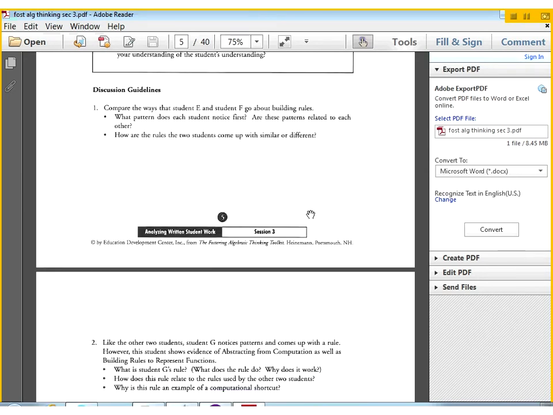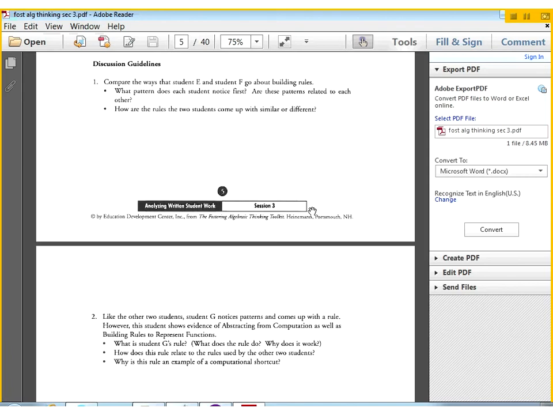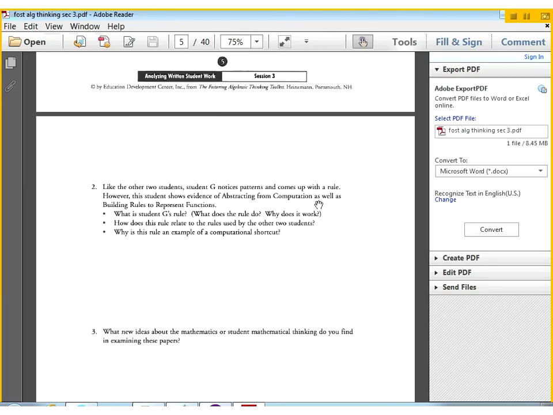So discussion guidelines are compare the way students E and F, so there's two different students here. There's actually students E, F, and G. So compare the way students E and F go about building rules, what patterns, and so on.